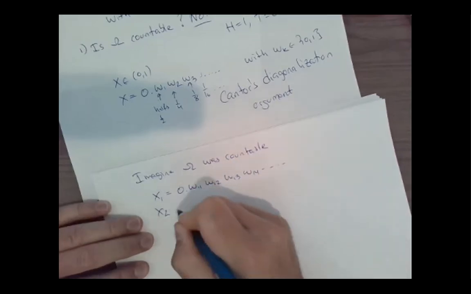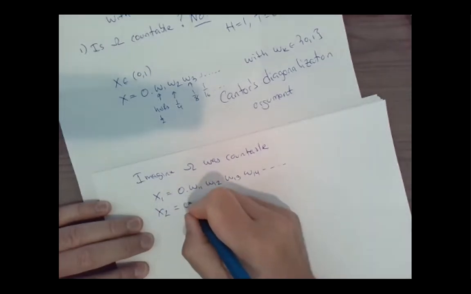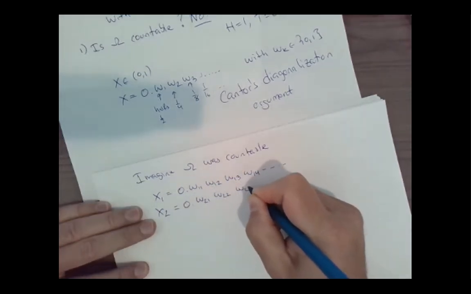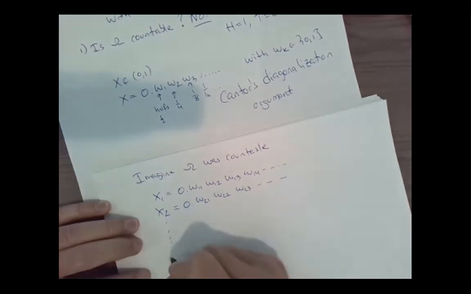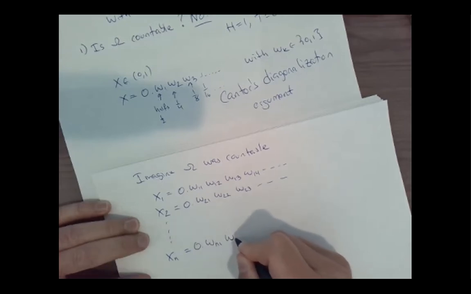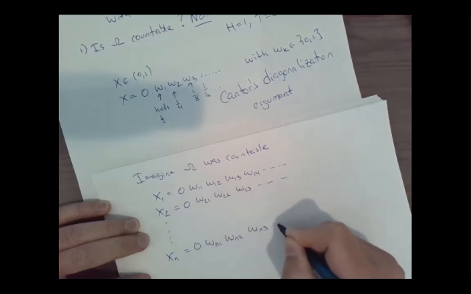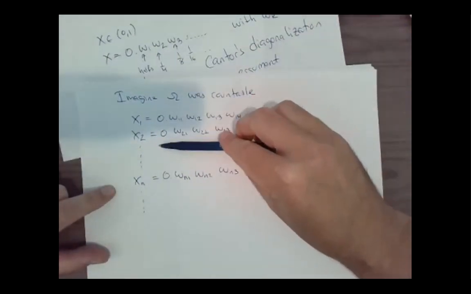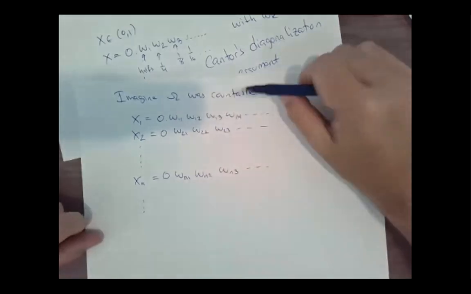And you're going to write x2 as 0 dot omega 2,1, omega 2,2, omega 2,3, and so on, down to xn, which is 0 dot omega n1, omega n2, omega n3. And he's going to keep doing that. If it was countable, I could list my elements in this crazy fashion.